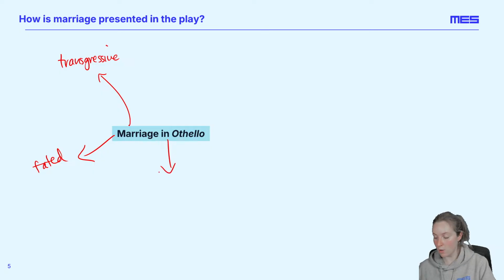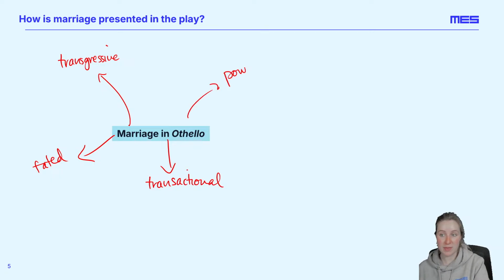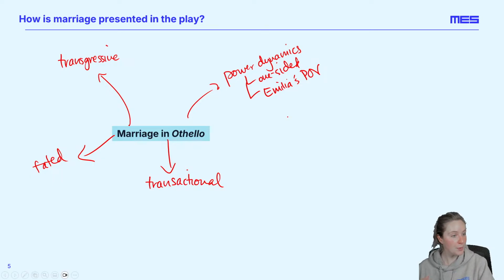We can focus on this idea of it being transactional. We can speak about the power dynamics within marriage, perhaps as one-sided, and maybe we can counter-argue thinking about Emilia's perspective on marriage and her role as much more equal to her husband.